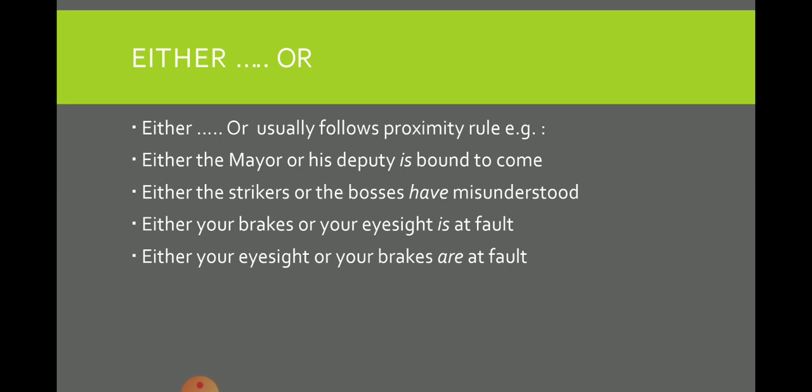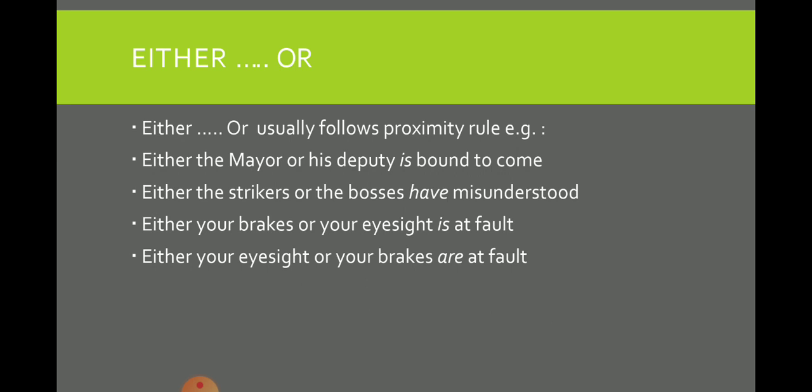Now we move toward either or. Either or usually follows the proximity rule. We mentioned in the previous lectures the principle of proximity, saying that when we have a subject that is coordinated by either or, neither nor, etc., we look at the noun phrase that is closely behind the verb.